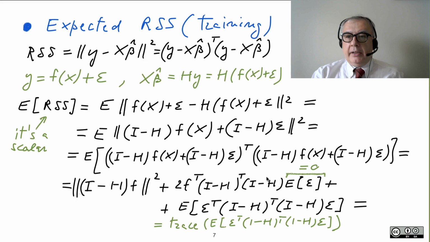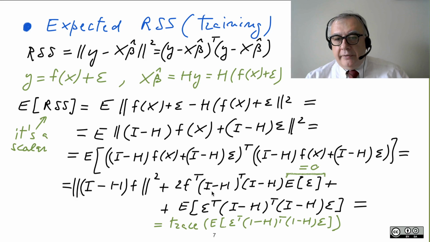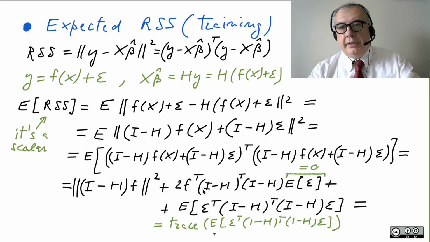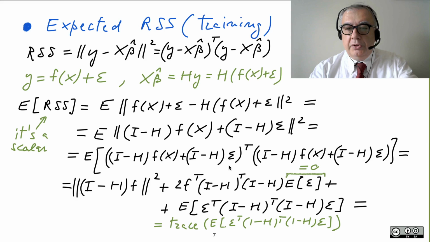You should remember that the cross product is a scalar term. So you would have two cross products because here you're working with matrices, so you would have for instance (I minus H) f transpose times (I minus H) epsilon, and then we will have (I minus H) epsilon transpose (I minus H) f.